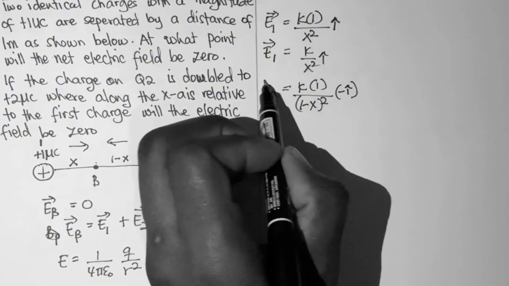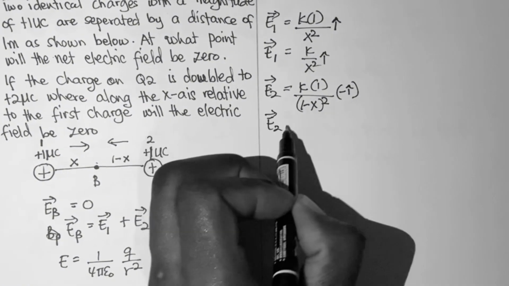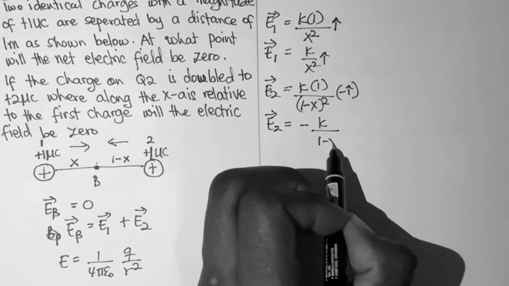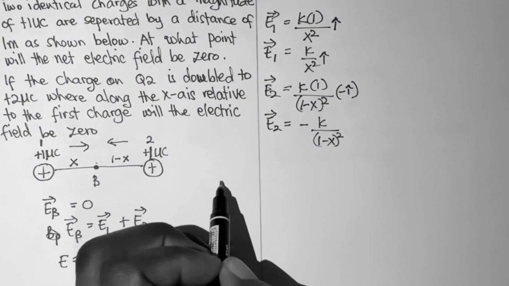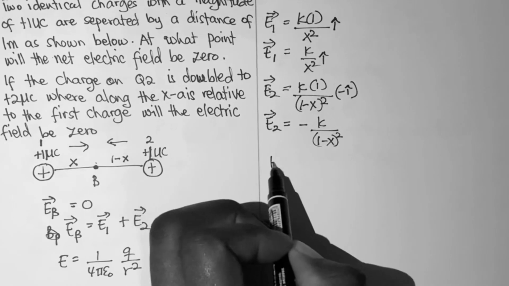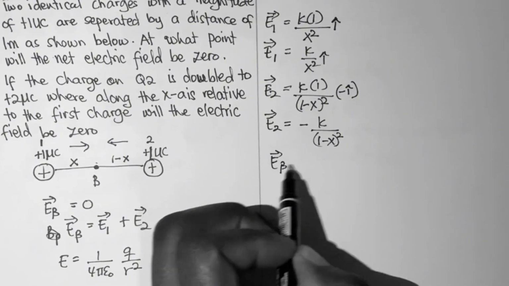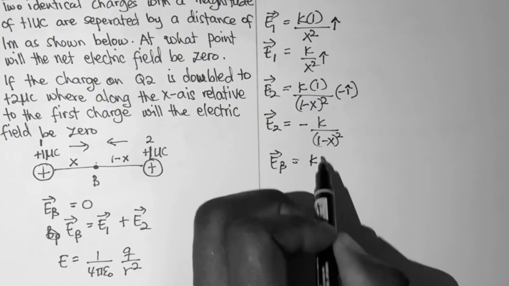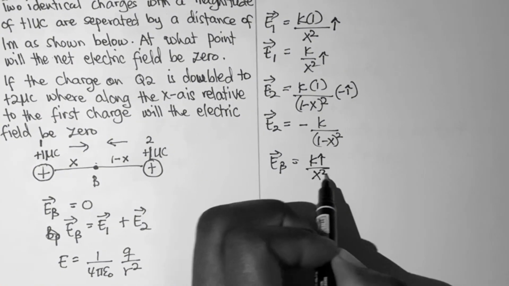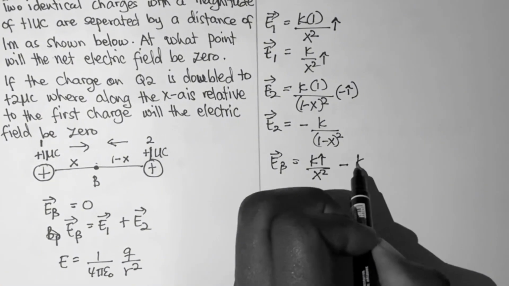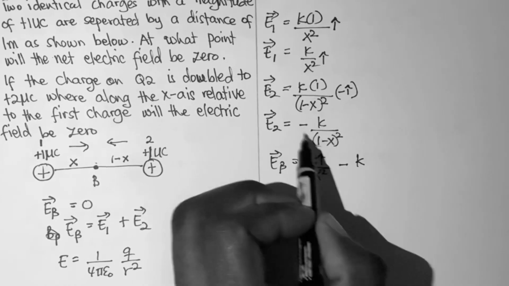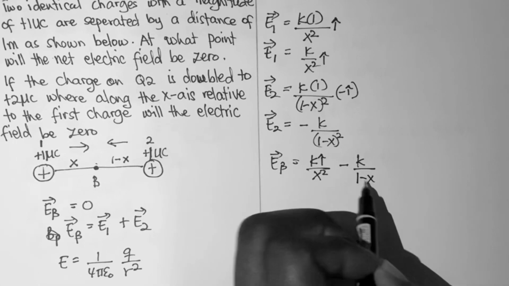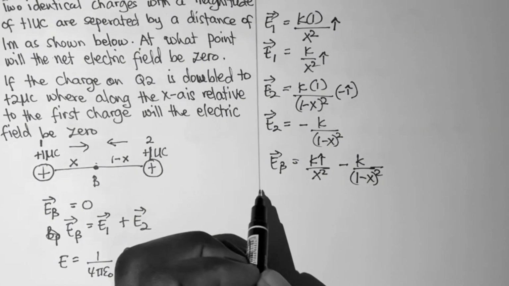So E2 is a vector, equal to minus K over (1 minus x) all squared. So EB is equal to K i over x squared, plus E2, which is minus K divided by (1 minus x) all squared.